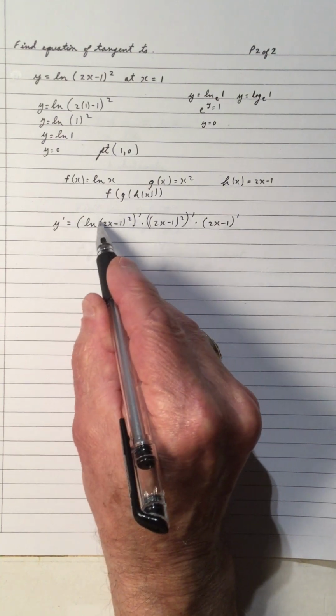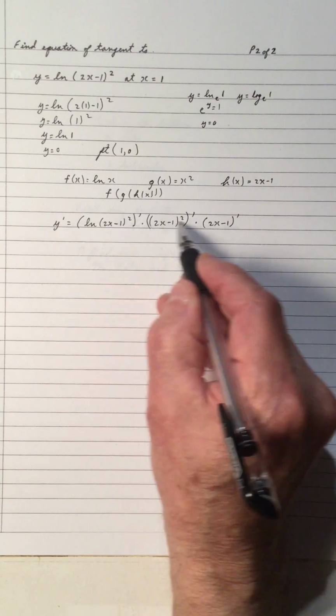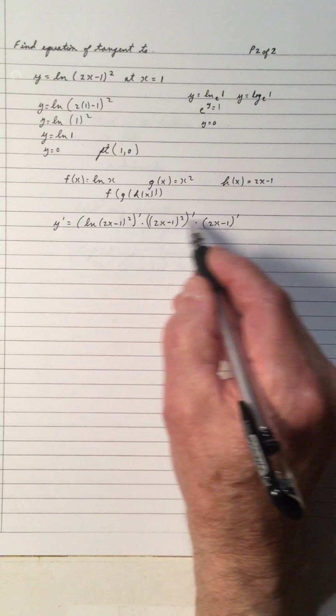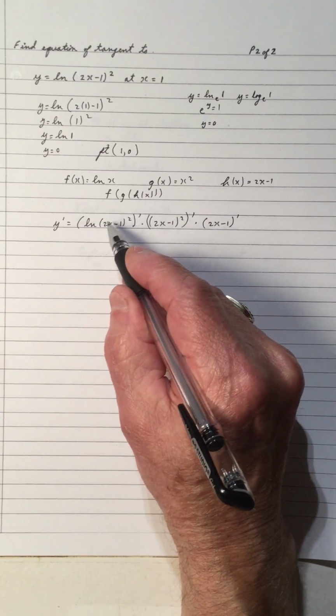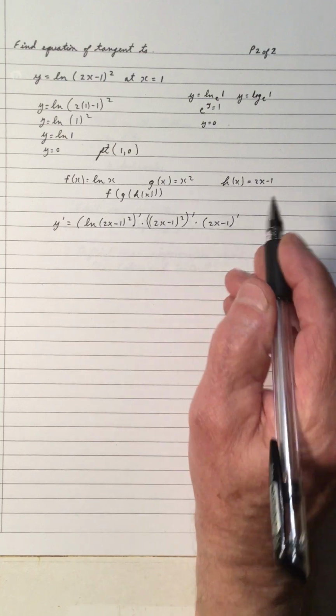So you work outside in: ln, then the square, then the binomial.